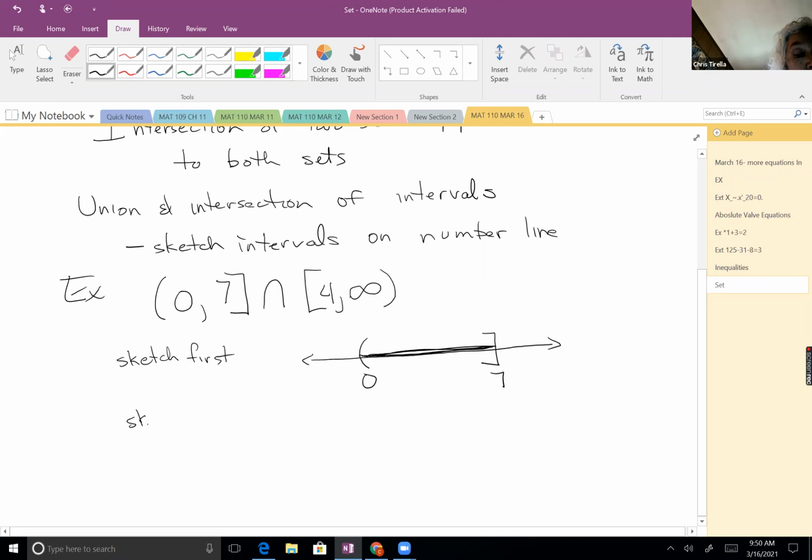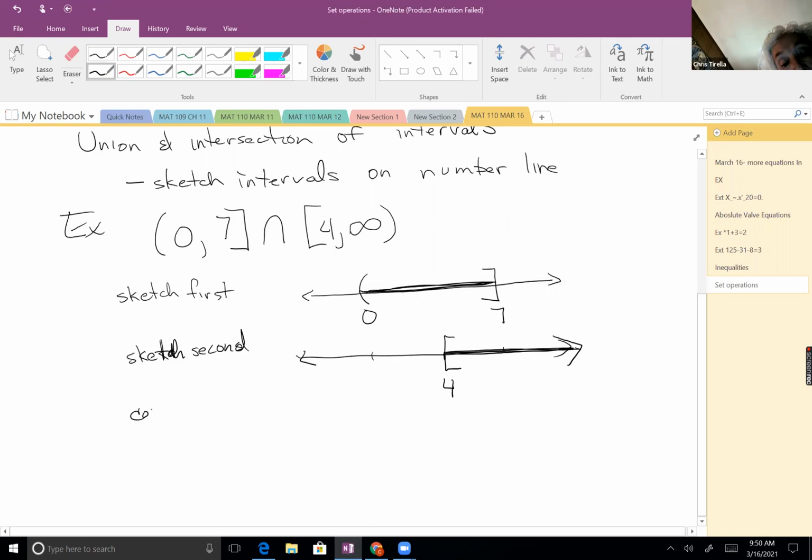Then we'll sketch the second. And we'll try to have the number lines have the same spacing. So here I've got closed at 4, which would be in between 0 and 7. And then it doesn't stop. Then I'm going to compare the two.